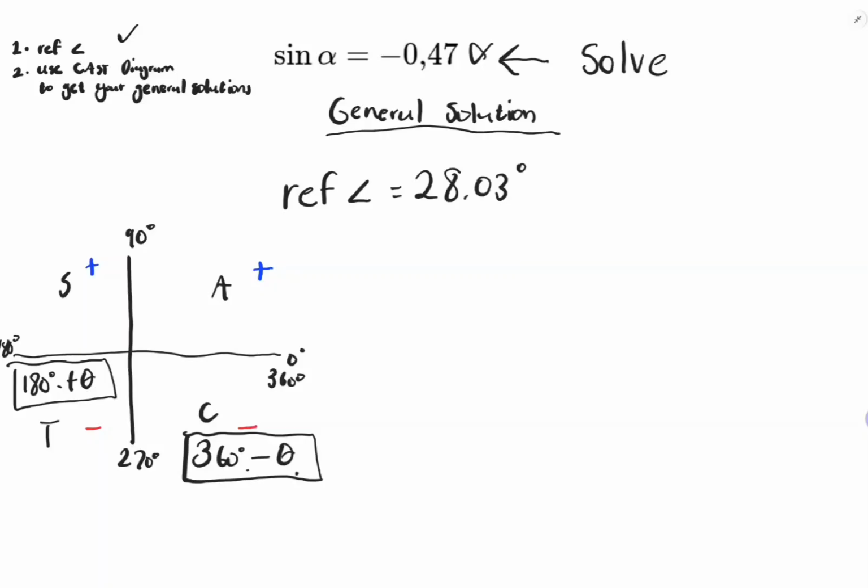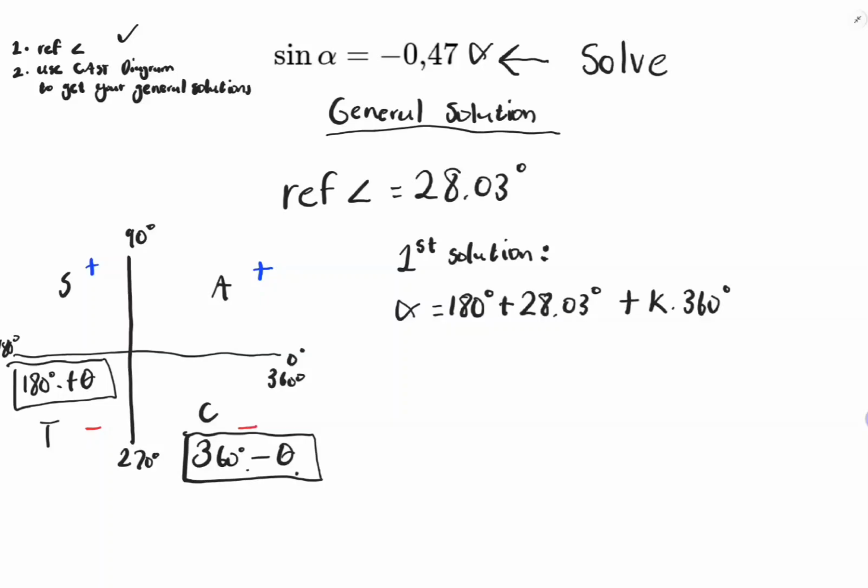For the first solution, let's start with the Tan form. With the Tan form, it's going to be the angle is equal to 180 degrees plus the reference angle that we just solved, 28.03 degrees, plus k dot 360 degrees.